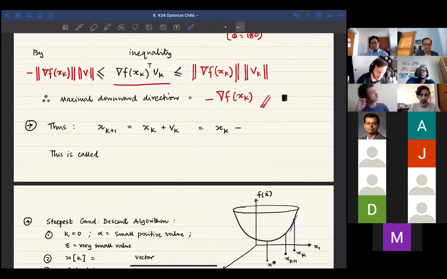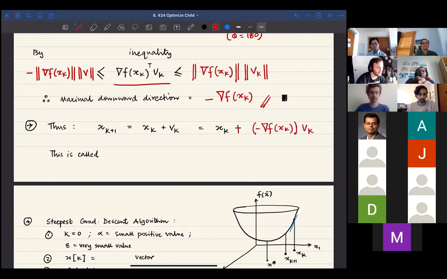So then we can write x(k+1) equals xk plus vk, that we saw earlier, which is xk minus grad f(xk).